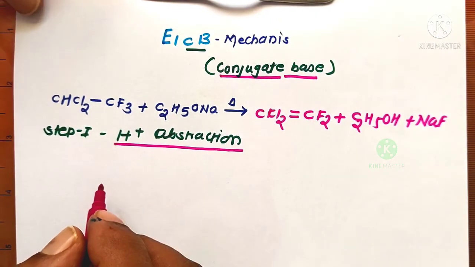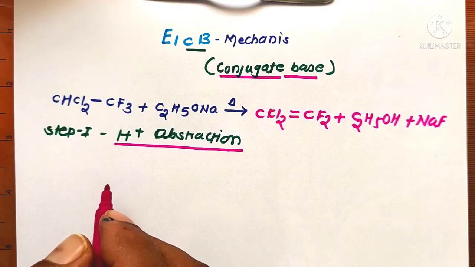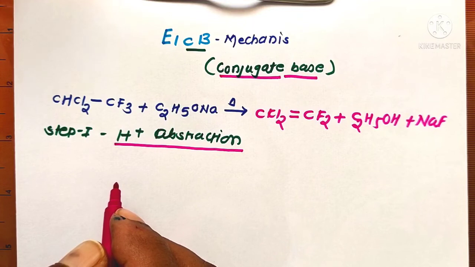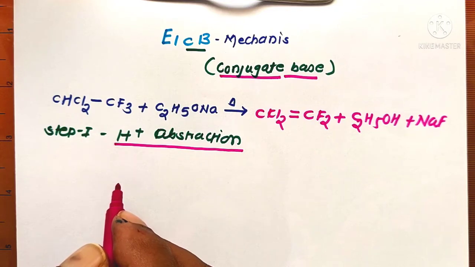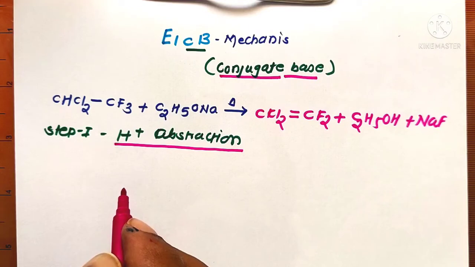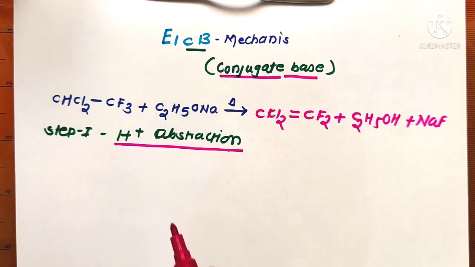Now in the substrate molecule, the strong base abstracts the H plus ion to form a carbanion, which is stabilized by electron withdrawing groups. Therefore this is also called the carbanion mechanism. This first step is only an acid base reaction, in which the carbanion is the conjugate base.